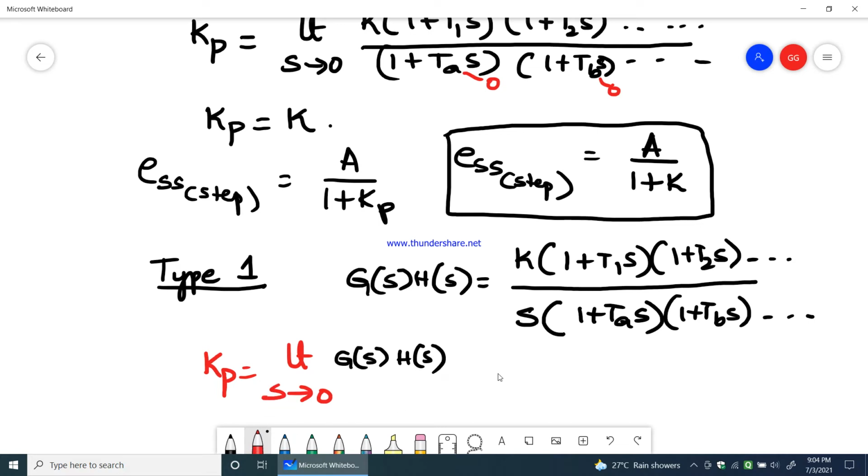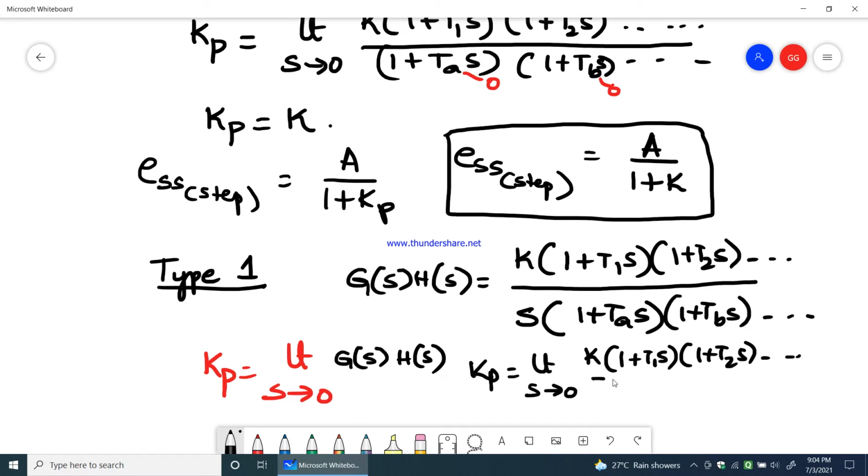Therefore, Kp equals limit s tends to 0 of K into (1 plus T1 s) into (1 plus T2 s) and so on, divided by s into (1 plus Ta s) into (1 plus Tb s) and so on.